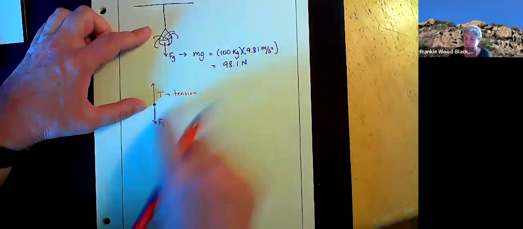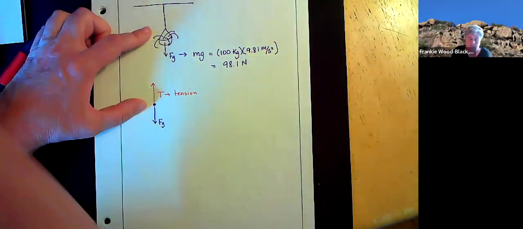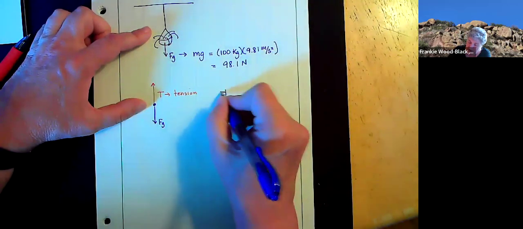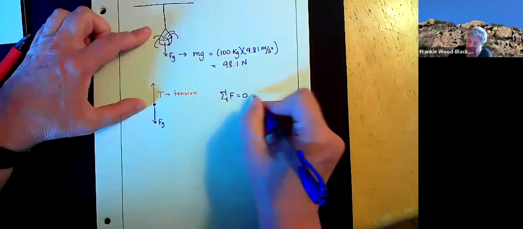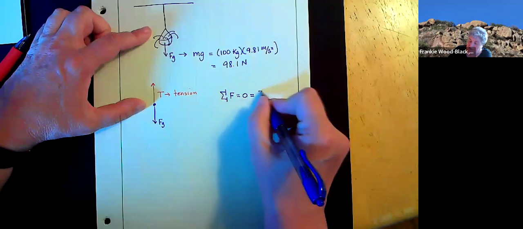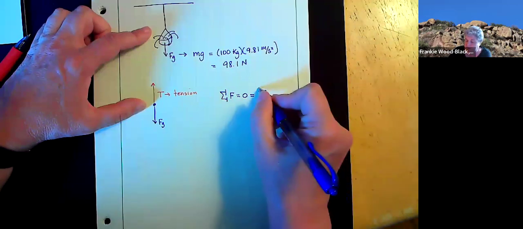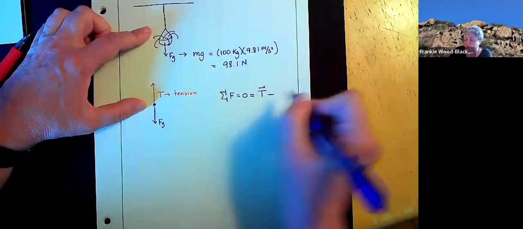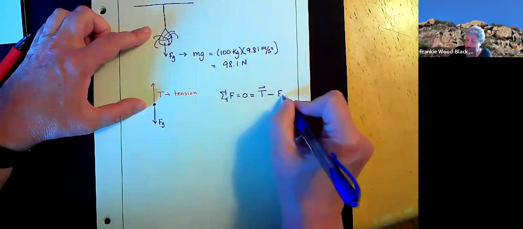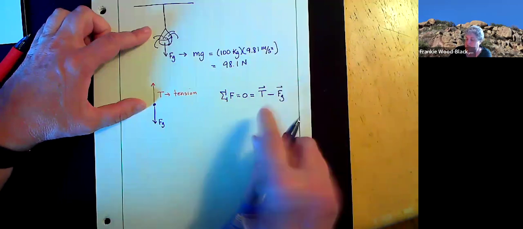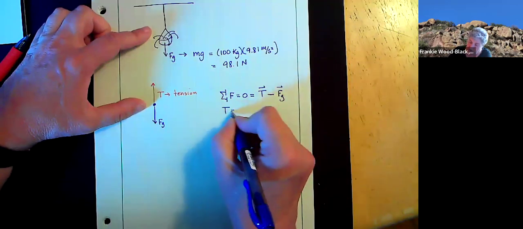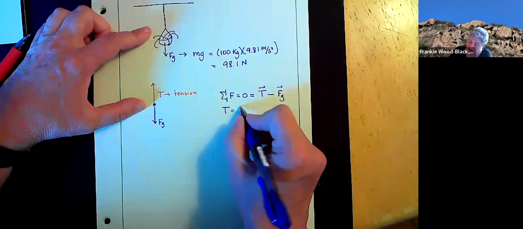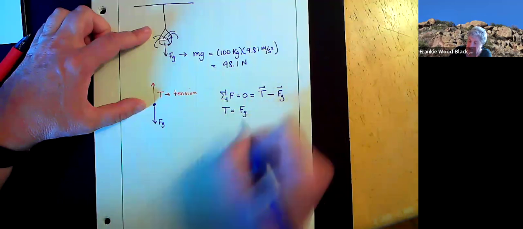And so for this to be standing still, the sum of my forces has to equal 0. I have tension in the positive direction, because remember, these are vectors, minus my force due to gravity in the negative direction, which has got to equal 0. So the tension in the rope or the string or the chain is going to equal my force due to gravity.